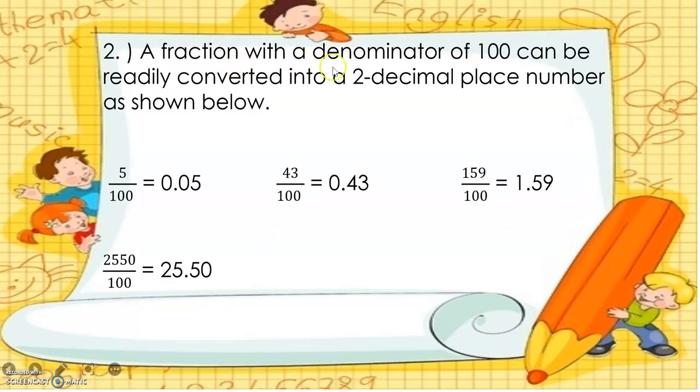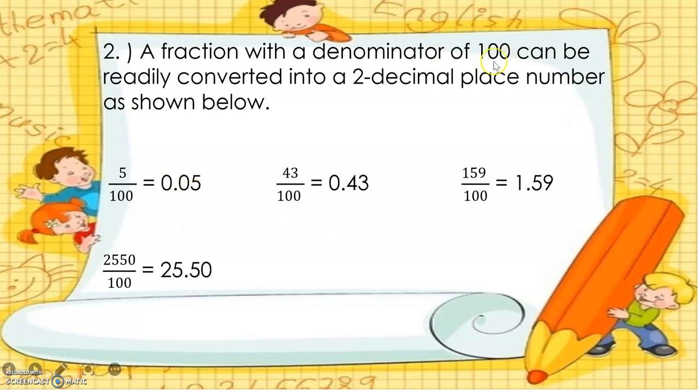A fraction with a denominator of 100 has 2 decimal places. So 5 over 100 is 0.05, with 0 and then 1, 2.